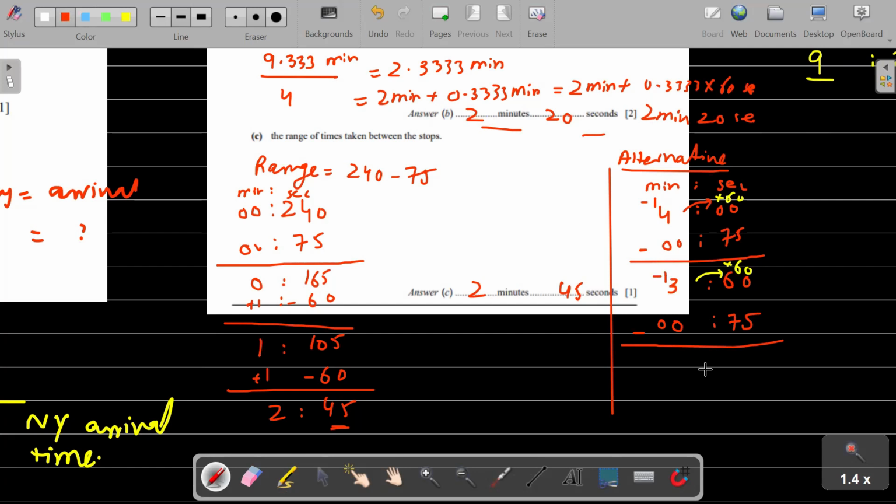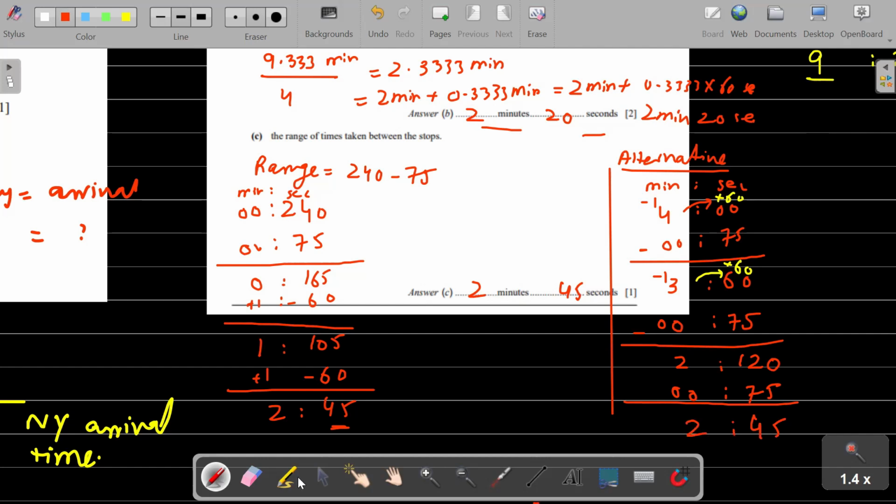Now let's rewrite it. By rewriting it, 60 and 60 is going to be 120 and 3 minus 1 is going to be 2. And I'm going to write the second value, which is 75 and 0. So you can see that I can subtract 75 from 120 and it will be 45 and this 2 will remain as it is.